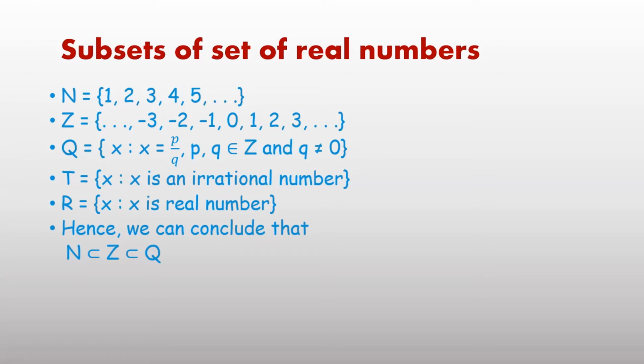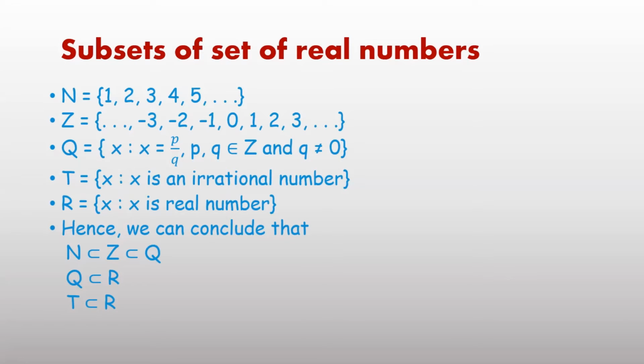Natural numbers, means N is a subset of Z, because all the elements of N belong in Z and all the elements of Z belong in Q. It implies Z is also a subset of Q and Q is a subset of R, because real numbers mean the collection of rational and irrational numbers.